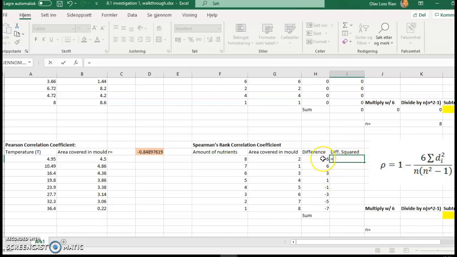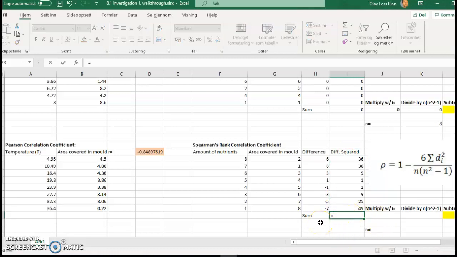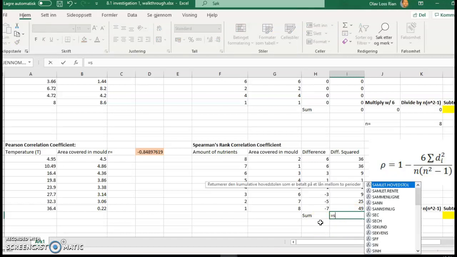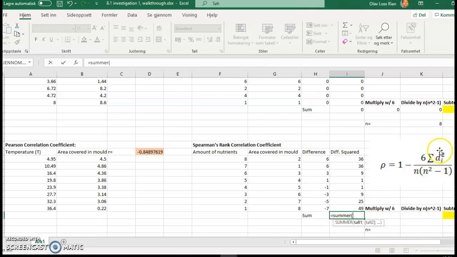So, okay, we take the number and then multiply it with itself. And now we'll just copy that all the way down. At the bottom here, we're going to sum up all the squared differences. So this is the top part of the formula here.